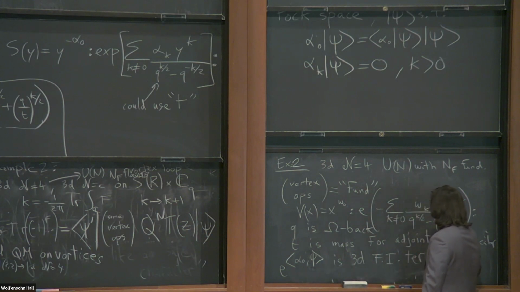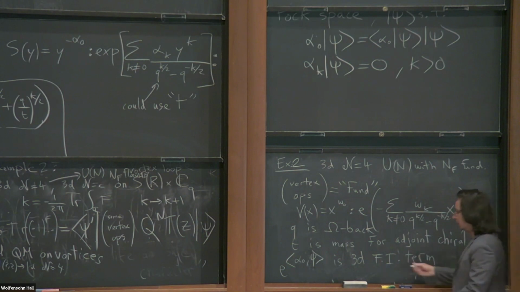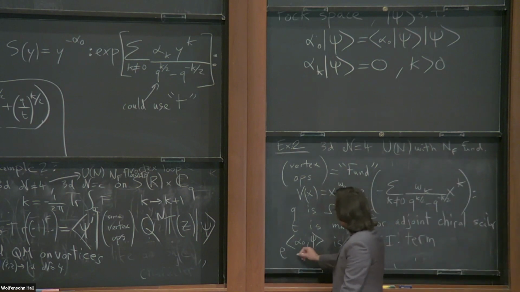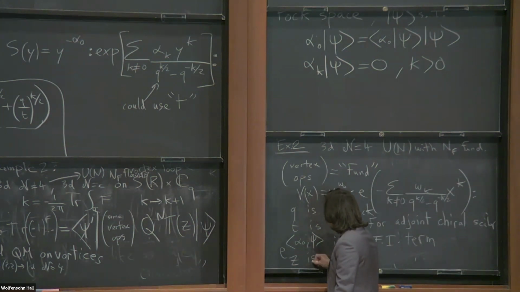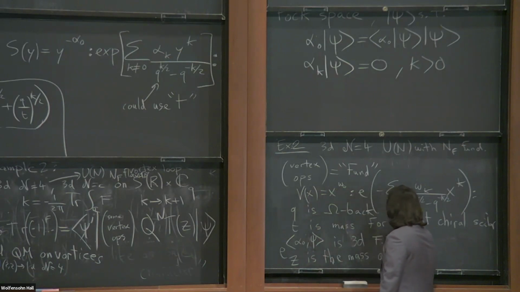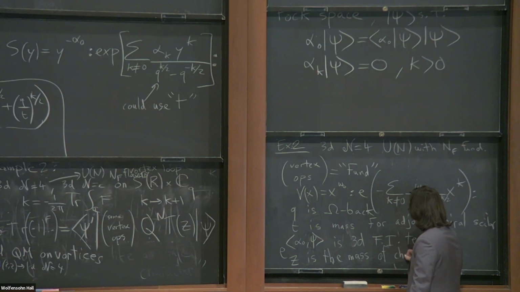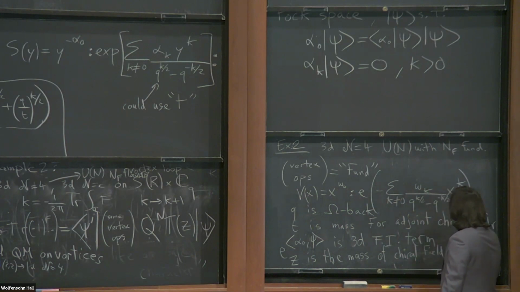Because again, we are on the circle. And Z is the mass of the chiral fields of the defect vortex.